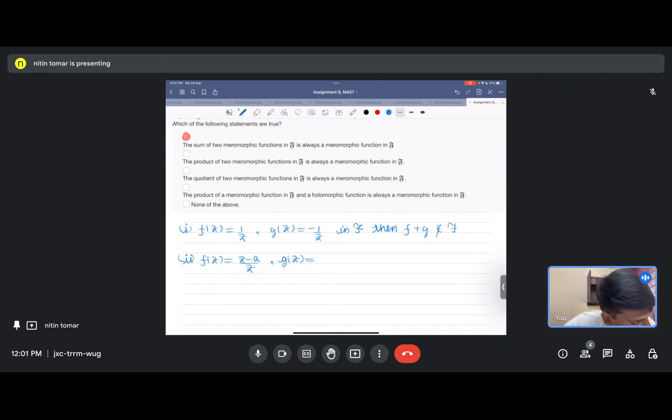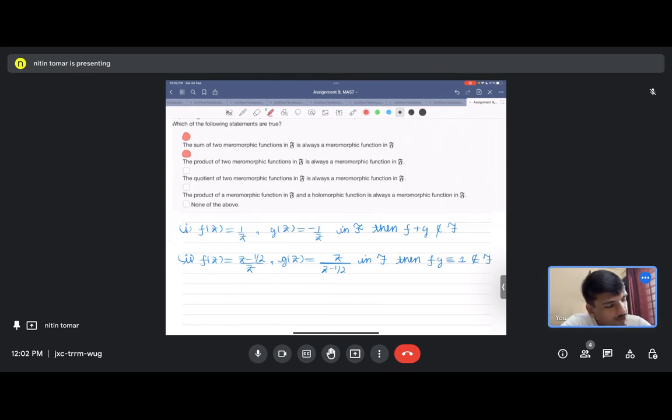Yeah, we can always do this, right? You just take, let's say, 1 by 2. Then z minus 1 by 2 and z, they are in T, yes or no? f has simple pole at z equal to 0 and g has simple pole at z equal to half, yes or no? Yes, sir. But their product is 1, right? And it has no poles, whereas in T we want at least one pole, so this option is false.